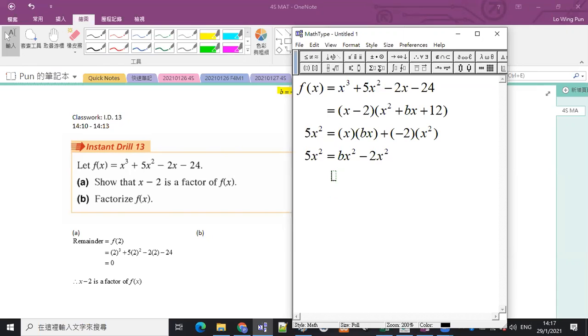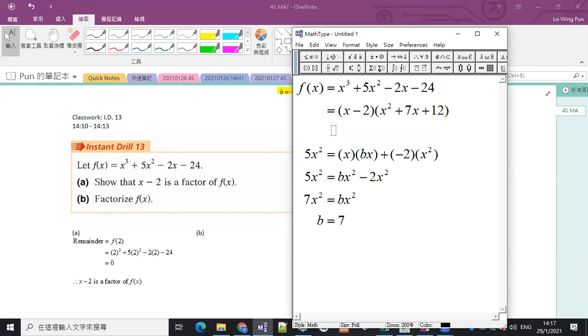Then you get that 7x squared is equal to bx squared, which means that b is equal to 7. Then just change this to be 7x. Can you get this? But don't stop here. Remember, for a quadratic, try to see whether it can be further factorized into two brackets. This time it works. So it can be further factorized to be x plus 3 times x plus 4. Okay, so that is the answer.